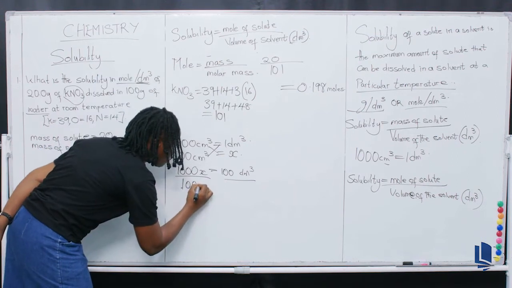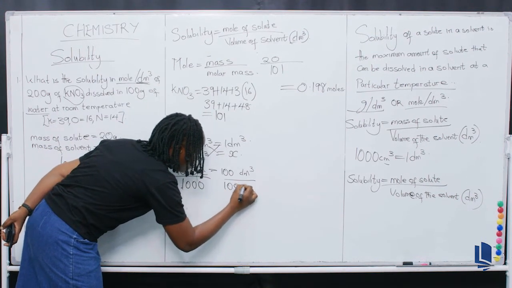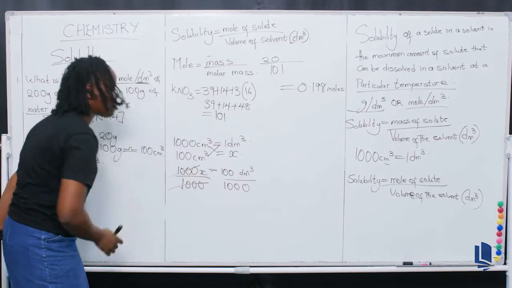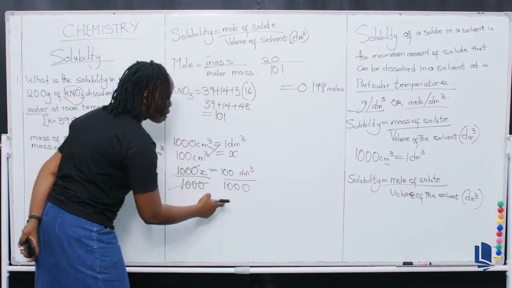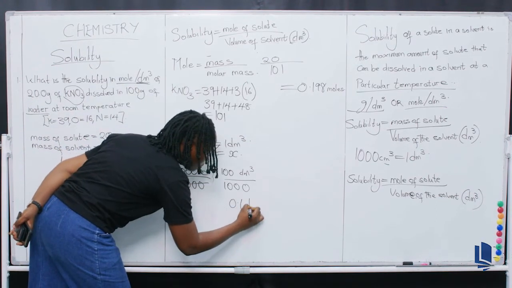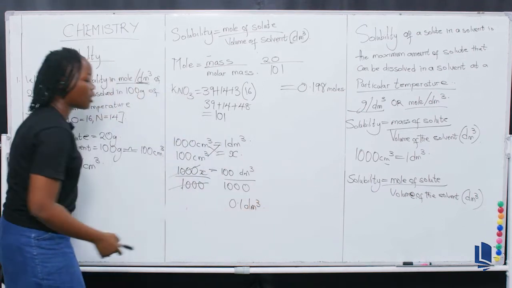So divide this by 1,000 and divide this by 1,000. This 1,000 will cancel this 1,000. 100 divided by 1,000 is 0.1 dm cube. Are we clear on that?